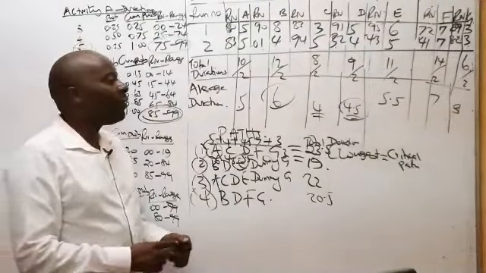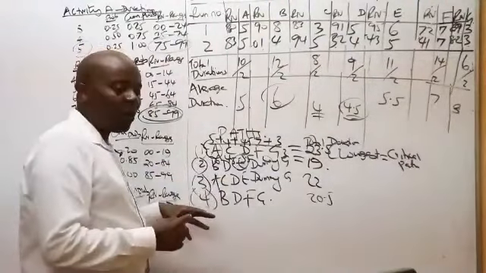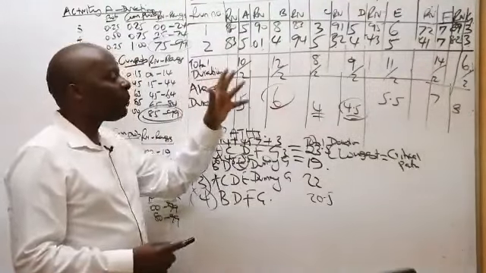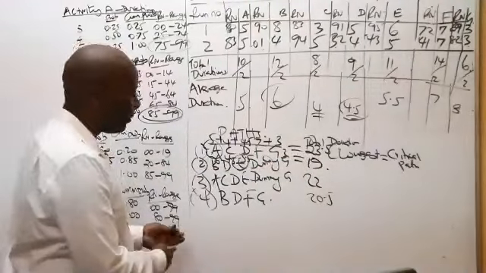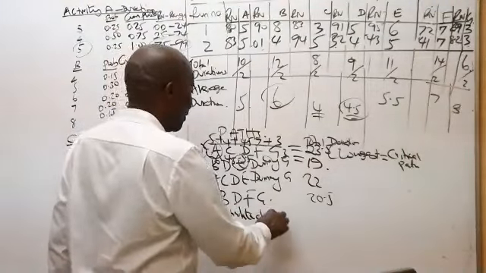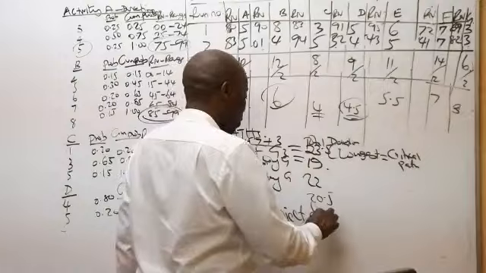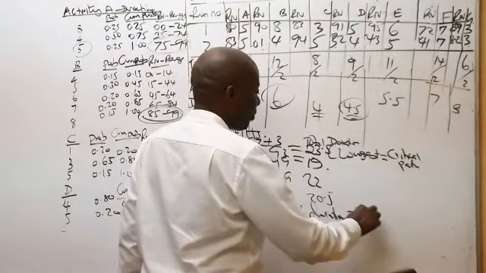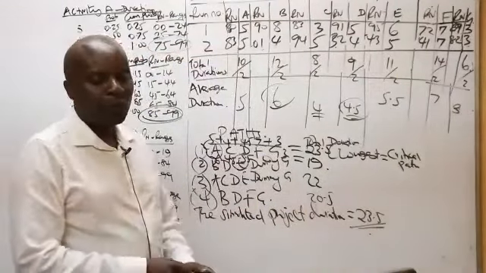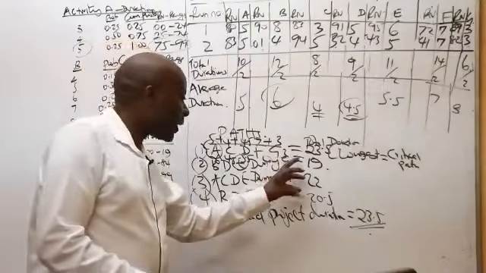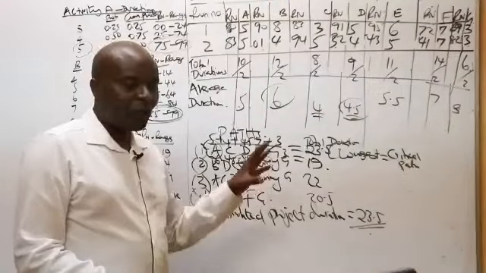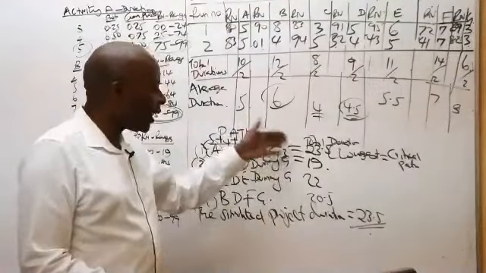Even after simulations, path number 1 will remain the CPA, but now the simulated project duration will be 23.5. At times we'll get other paths becoming bigger than this. So the critical path can change. That's why you must do a path analysis.